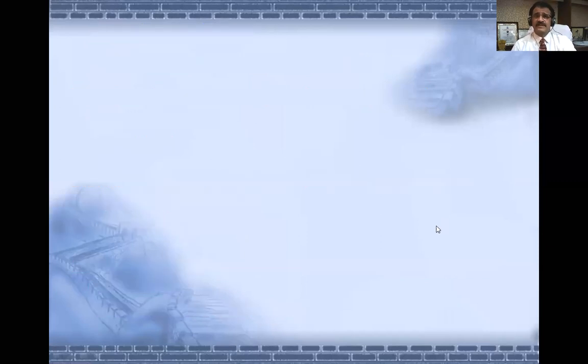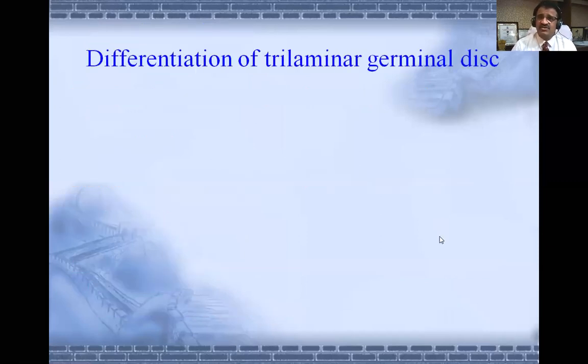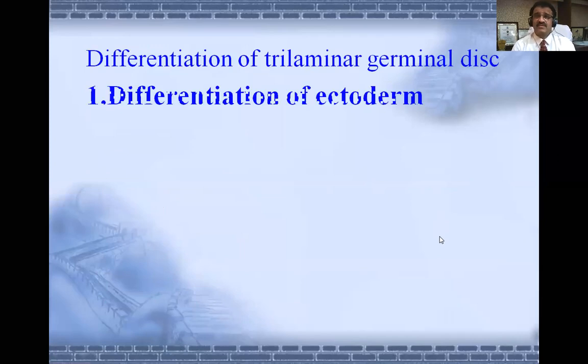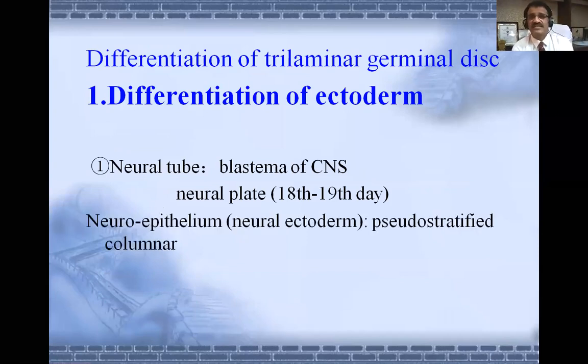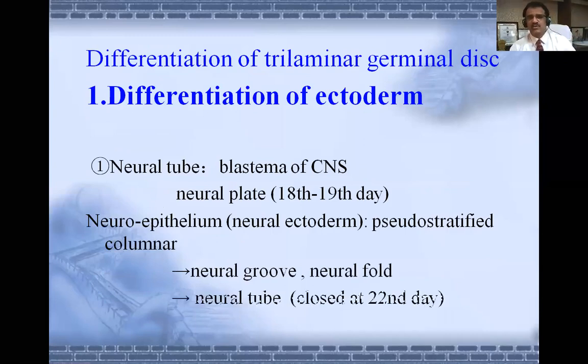Let us proceed further with differentiation of the trilaminar germinal disc. First we'll talk about differentiation of ectoderm. The ectoderm will give rise to the neural tube, and the neural tube will form the central nervous system, what we call the blastema of the central nervous system, neuroepithelium. We get these derivatives from ectoderm.